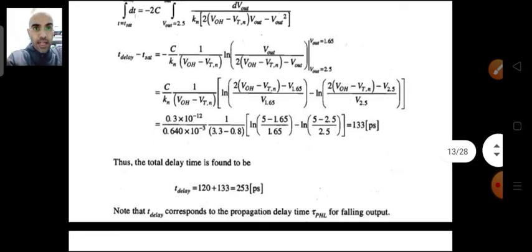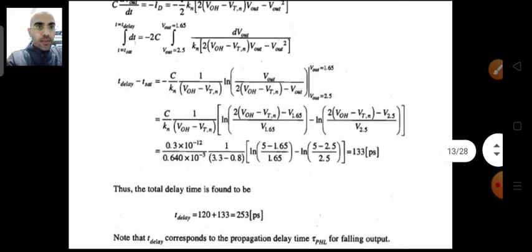So the total propagation delay tau PHL, the propagation delay of the falling output, will be the sum of 120 plus 133. So your total delay will be 253 picoseconds.